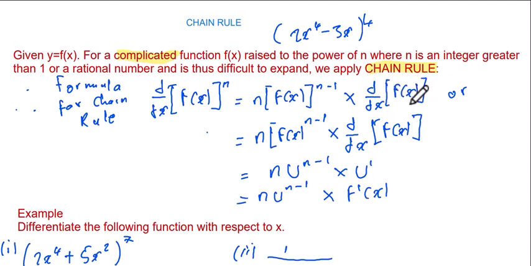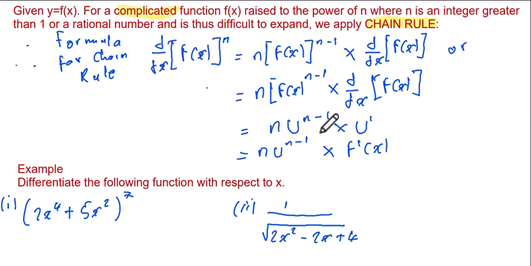The other one is to let u be the function, so we have n times u to the power n minus 1 multiplied by u prime. It's one and the same thing, you can use any of these. I usually use this one because it's easy. So basically these are the formulas we can use when dealing with the chain rule.